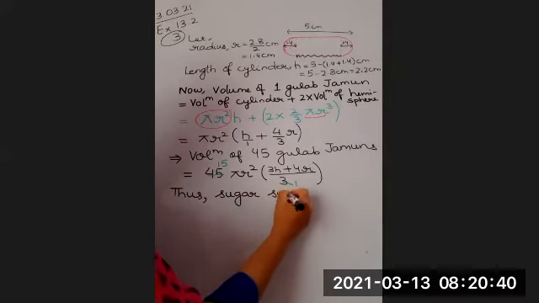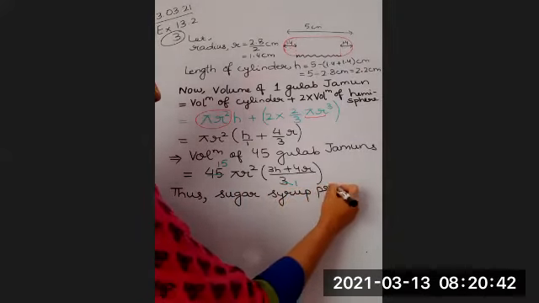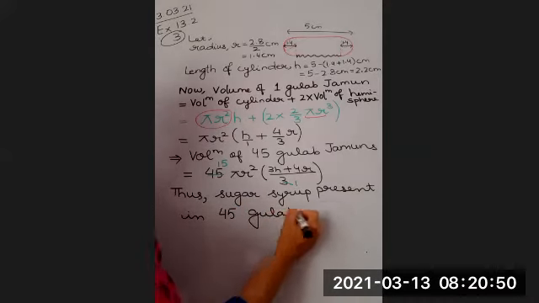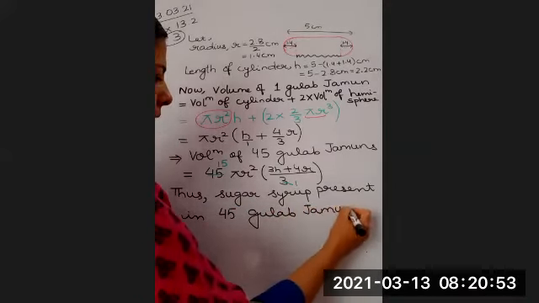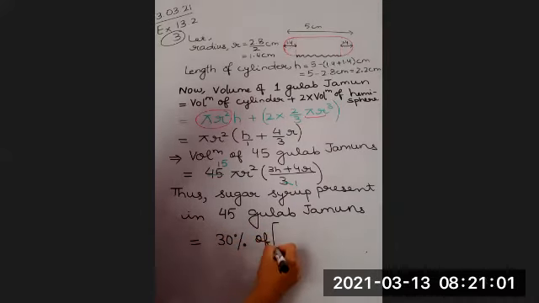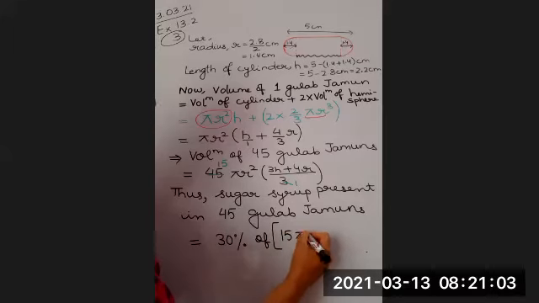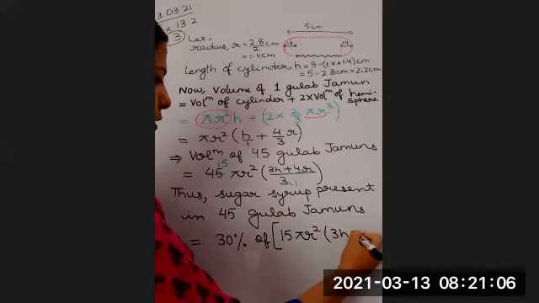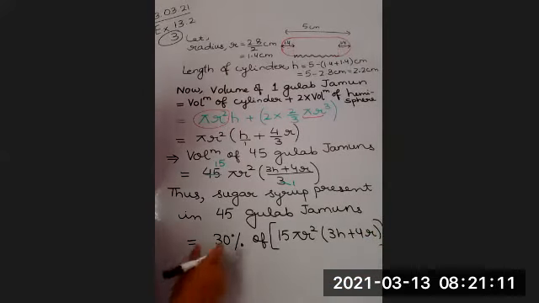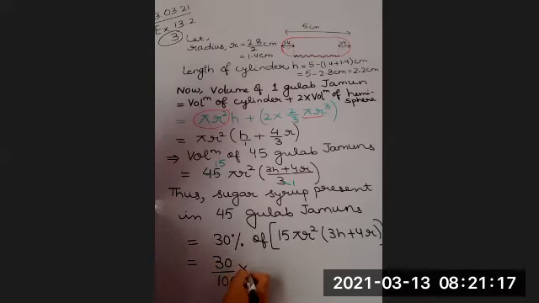Sugar syrup present in 45 gulab jamuns is equal to 30% of the total volume, which is 15 pi r square in the bracket 3h plus 4r. जी बेटा, so 30% here means 30 upon 100 into 15.